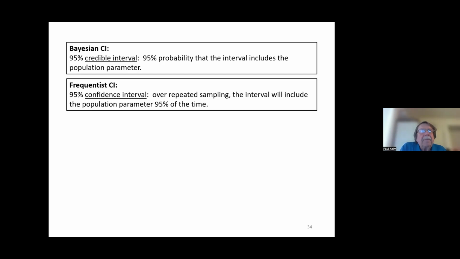Most of the statistics that you see in published studies are from the frequentist perspective, although we're beginning to see more Bayesian statistics because there's an advantage to Bayesian statistics when we have a more complicated kind of research design or research question.